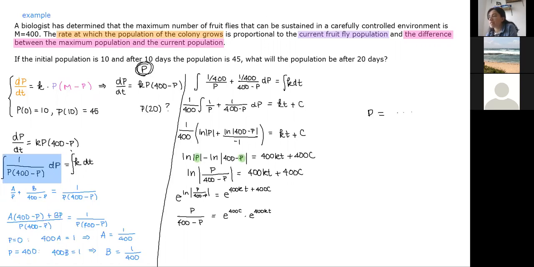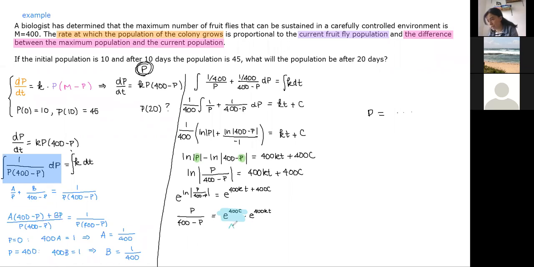Now, instead of dragging e to the 400c all along and e to the 400kt, I'm going to try to give these a new name. So I'll have that e to the 400c over here. I'm going to write it as, what letter did I choose over here?